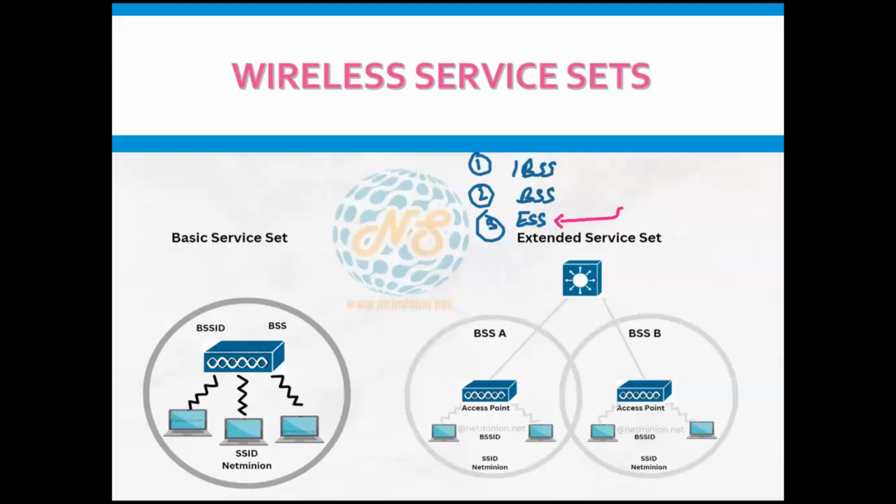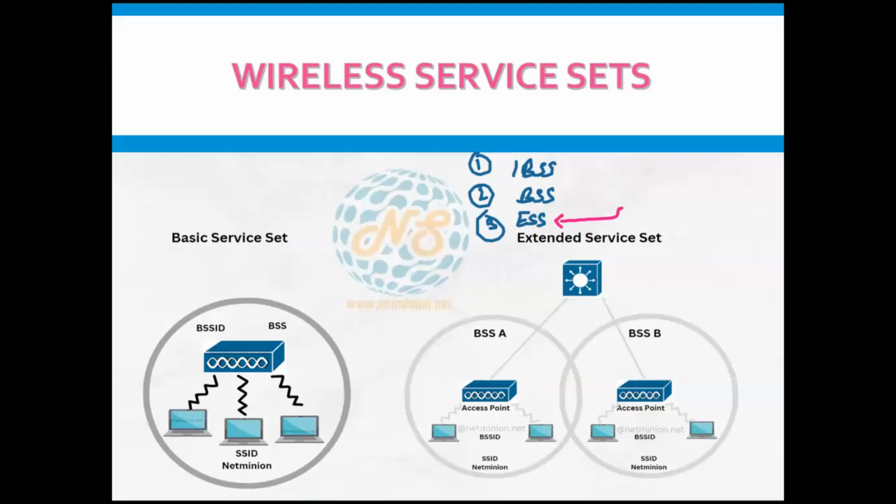So IBSS is just within one range, is it? IBSS is when we don't require any kind of AP. And BSS is when you require an AP, only one AP maybe you can say.